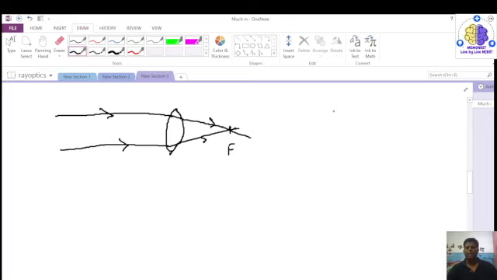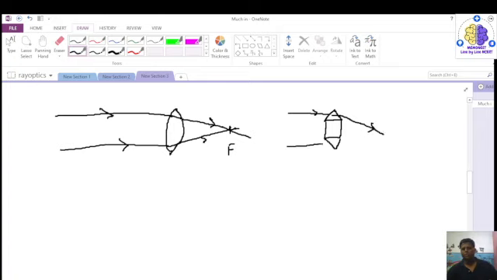Now the equivalent diagram for this lens is a prism, then a glass slab, and then a prism, right? Now we have seen in refraction through a prism that any light ray traveling in the prism after refraction bends towards the base, right?